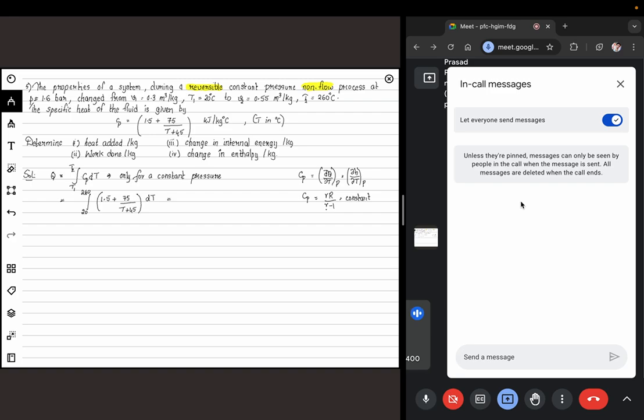Okay, now coming back to this problem, we do the integration. So this will be 1.5 times t.